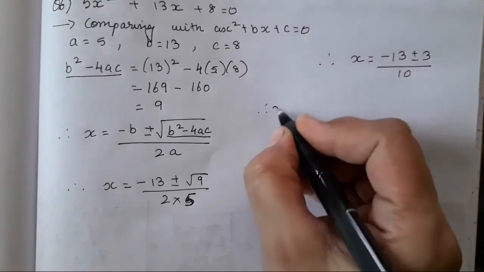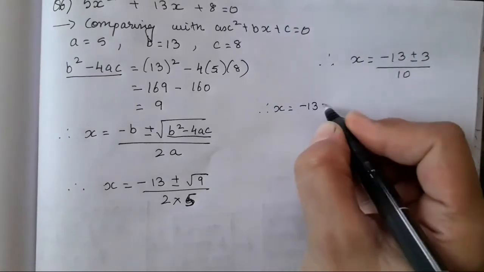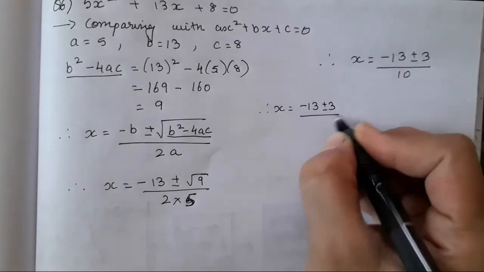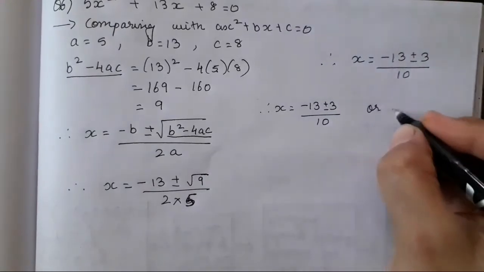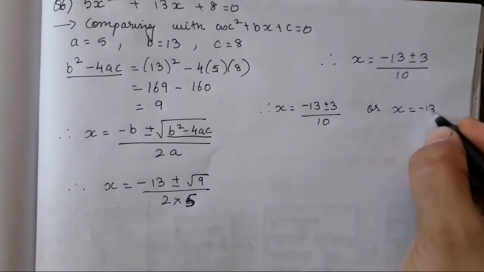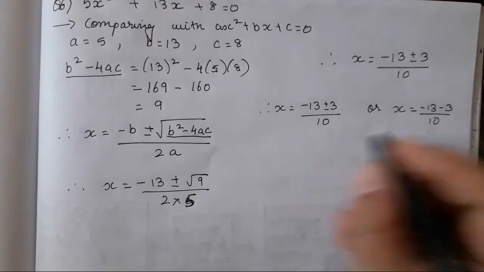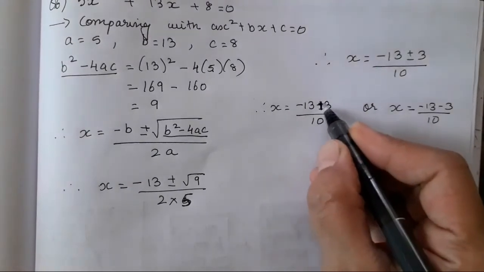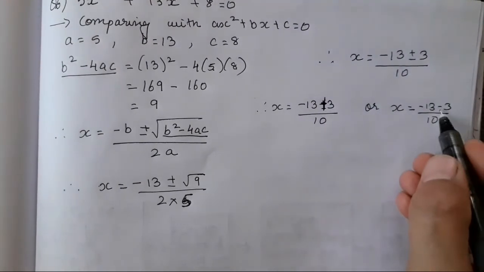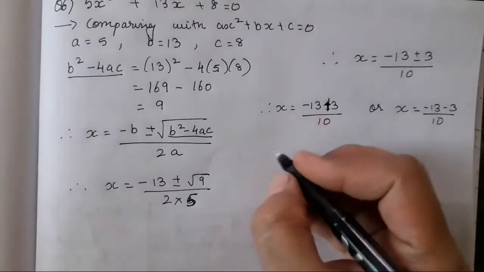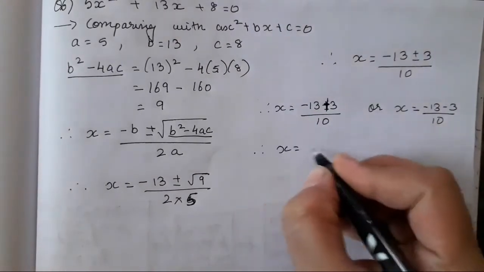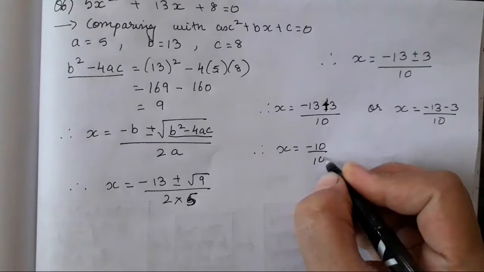So therefore, x is equal to minus 13 plus and minus 3 upon 10, or x is equal to minus 13 minus 3 upon 10. So once you have taken plus, once you have taken minus. Got it? So therefore, x is supposed to be minus 10 upon 10.